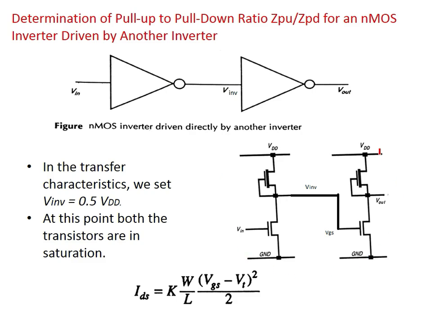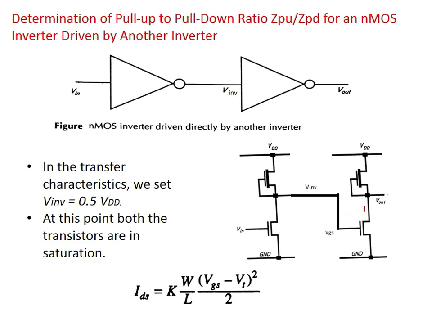This is the circuit arrangement. Here this is inverter 1 and this is inverter 2. For inverter 1, the input is Vin and the output is V invert, and the output of inverter 2 is V out.